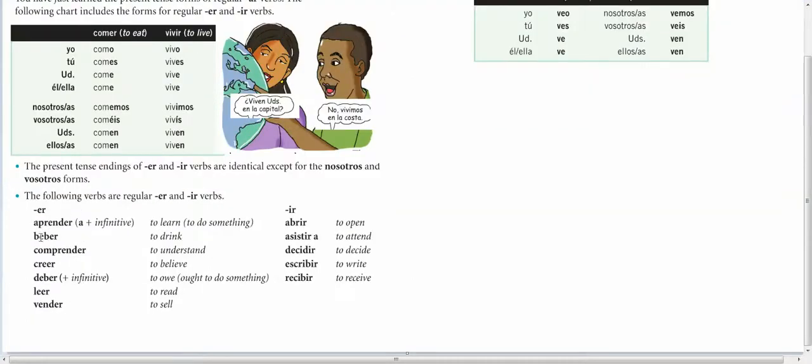So these verbs are ER: aprender, beber, comprender, creer, and they're ER because they end in ER. Okay, that's why they're ER. And IRs are IRs because they end in IR.